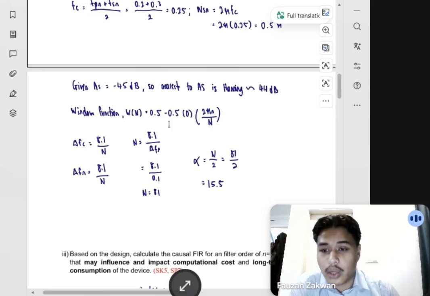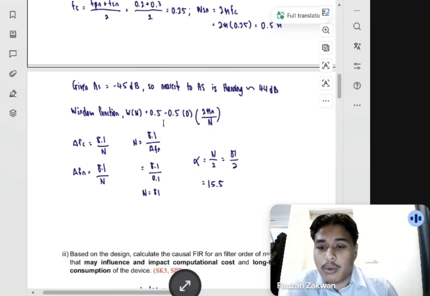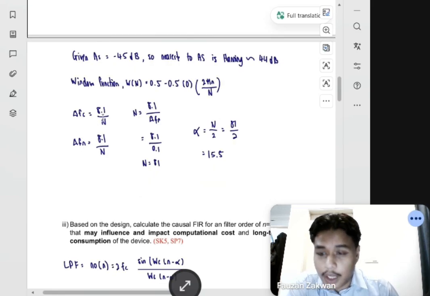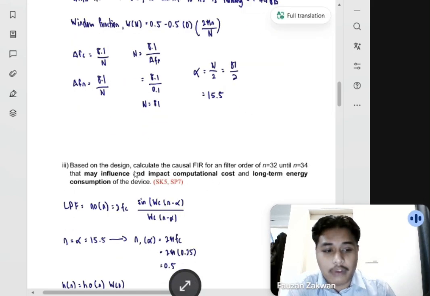Window function w(n) is 0.5 minus 0.5 cos(2 pi n divided by N). So N is 3.1 divided by the transition width, 3.1 divided by 0.1, we got 31. So alpha is (N minus 1) divided by 2, which is 15.5.